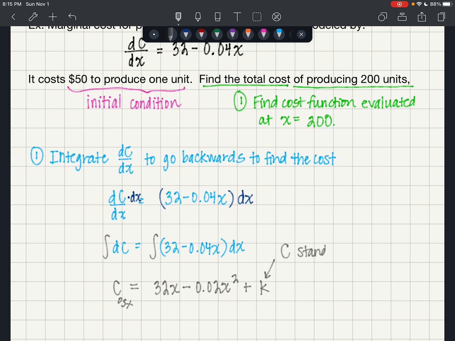C stands for cost in this problem. Therefore, we use k for the constant. This way we don't get confused. You can't use the same variable twice for two different representations.